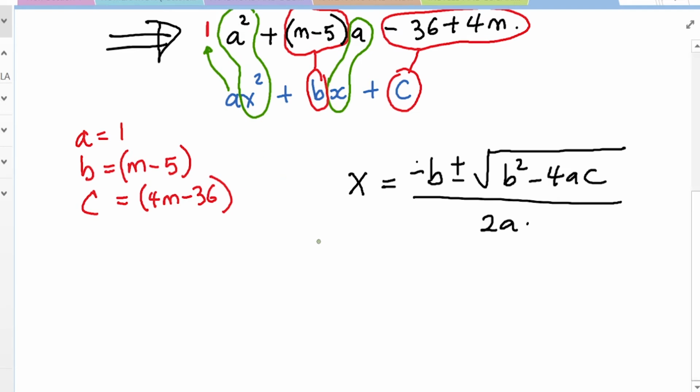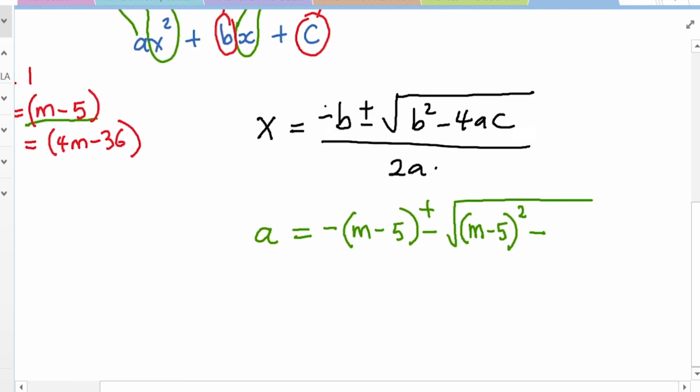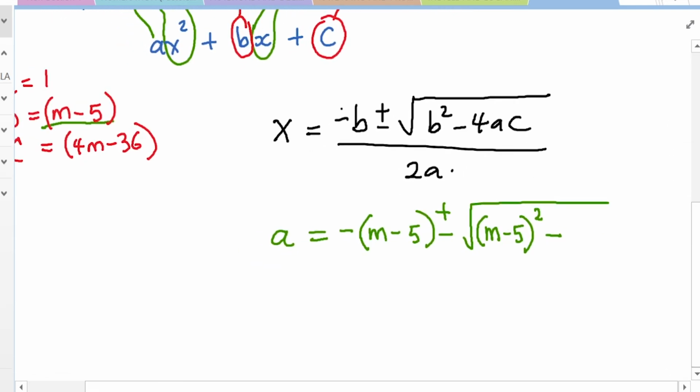So I shall come here and say that a is given by, remember my b is m minus 5, so it is minus into m minus 5, plus or minus under the square root of b squared. Remember, my b squared is m minus 5 squared, minus 4 times my value of a.